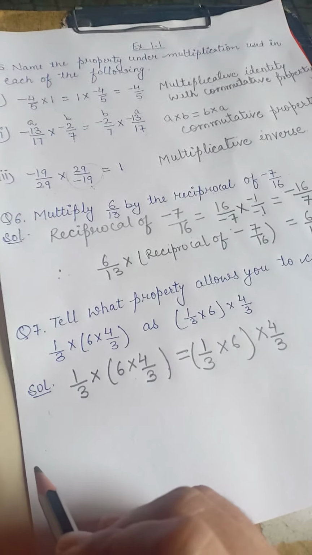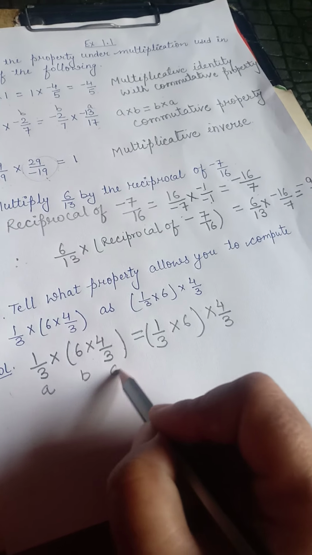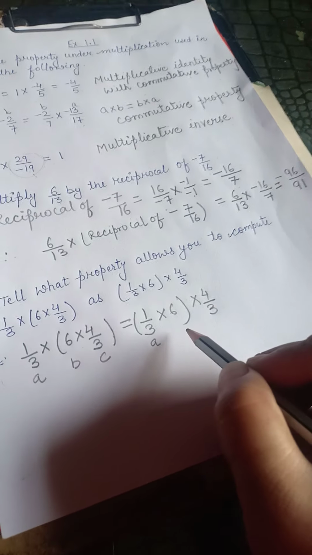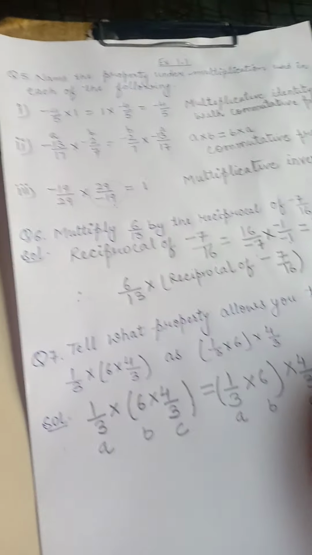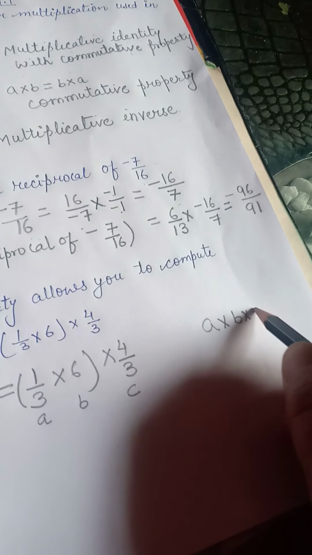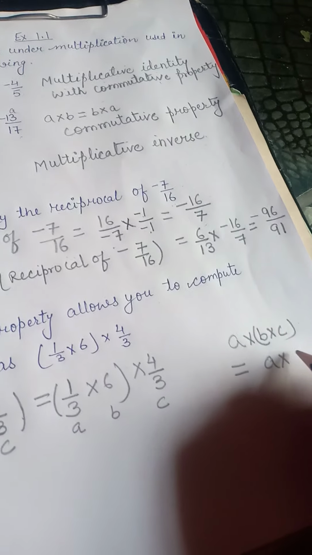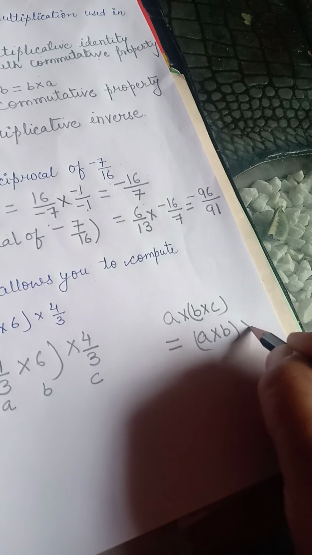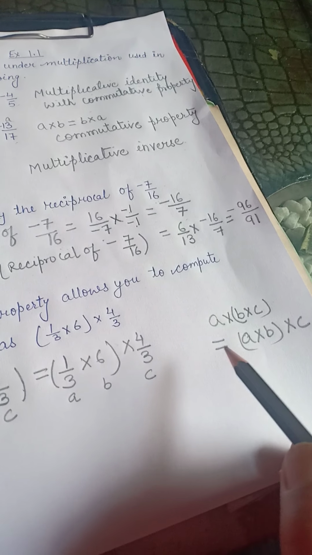So here we have 3 rational numbers. If we consider the first as A, the second as B, and the third as C, then 1 by 3 is A, 6 is B, and 4 upon 3 is C. So we can see the property: A multiplied with B multiplied with C, with B and C grouped, and on the right hand side we have A multiplied with B in a grouping and multiplied with C. Whenever the grouping is changed, at the end the product remains the same, and only the grouping is changed between the left hand side and right hand side.